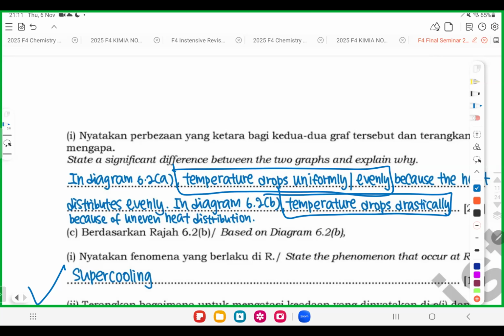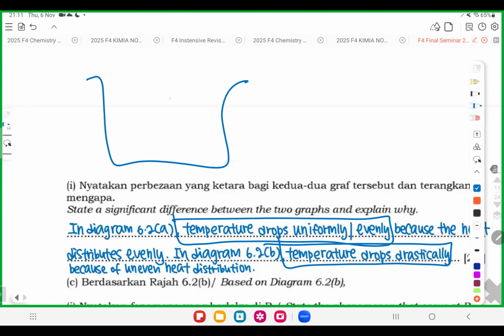Temperature increase and decrease depends on how the heat distribute. If the heat distribute evenly, if all the heat energy distribute evenly, the temperature increase and decrease slow and steady. If the heat distribute unevenly, here got more heat, here got less heat, then the temperature will increase or decrease very fast one.